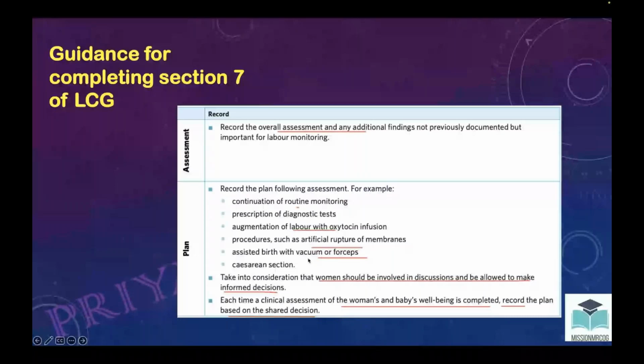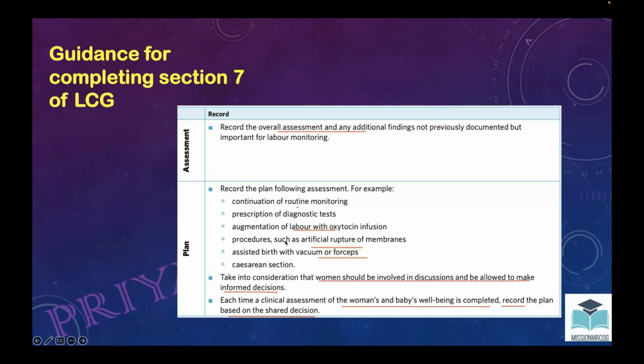Whenever a decision is taken for tests, oxytocin, ARM, vacuum, forceps or cesarean section, everything will be explained to the woman, and the woman should be involved in the discussion, and she will make an informed choice. Because the woman is involved in all discussion, it is shared care or a shared plan.